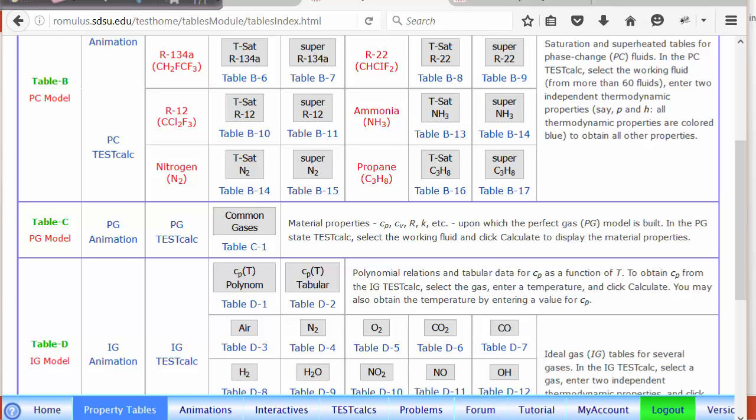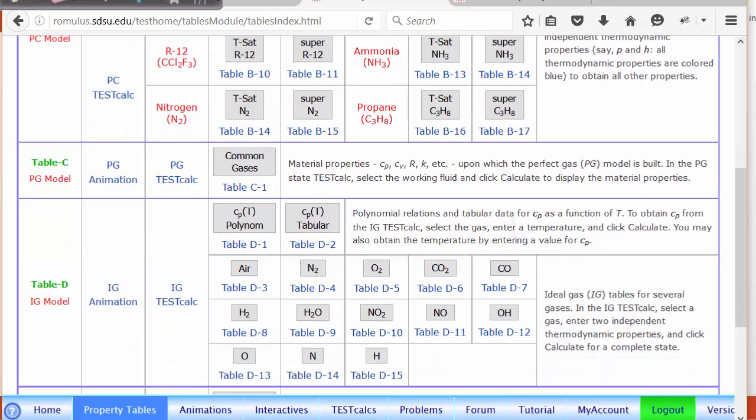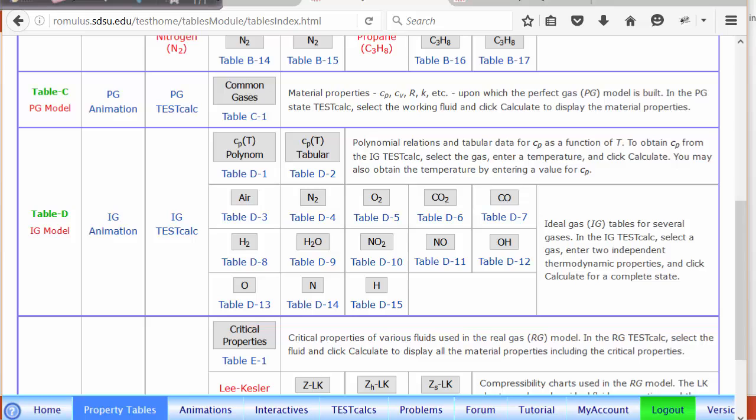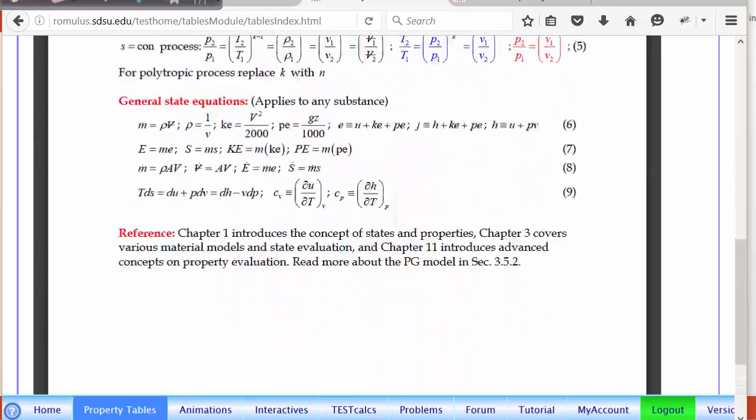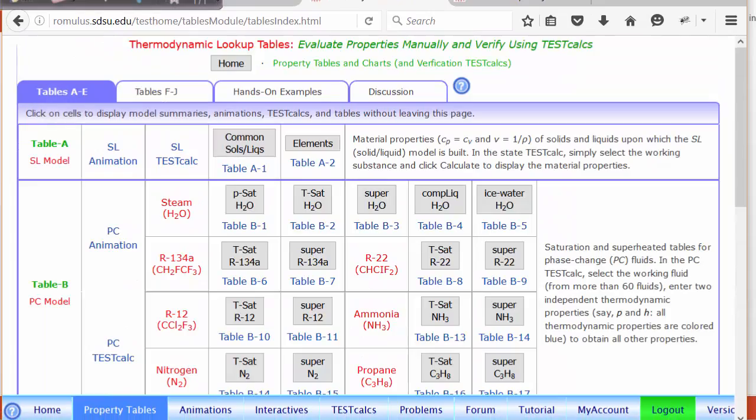Actually, the PG model is further simplified than the IG model. And then you can see that we can use the tables, we can use the animation, we can use the TESTcalcs, and we can even have a little bit of background about a particular model. If you click on that cell, it'll bring up a PDF file reminding you about how properties are calculated. So this is, in a nutshell, a lot of information organized for convenient problem solving.